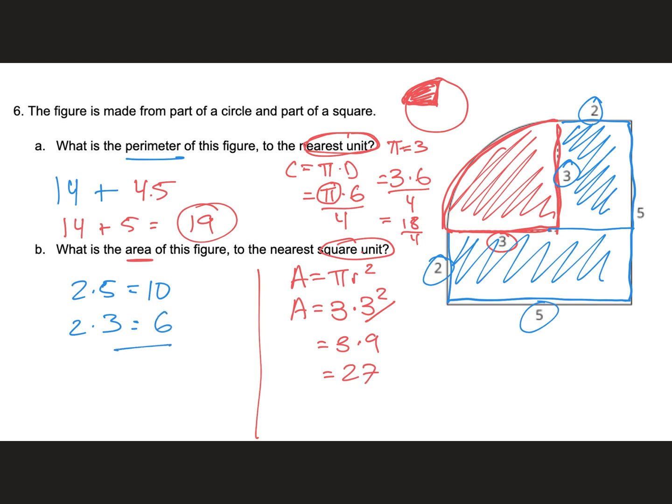And I add that together and I get 16. So in total, I'm going to add 16 plus 27, which is equal to 43. So 43 is going to be my final answer because I'm just going to the nearest unit.